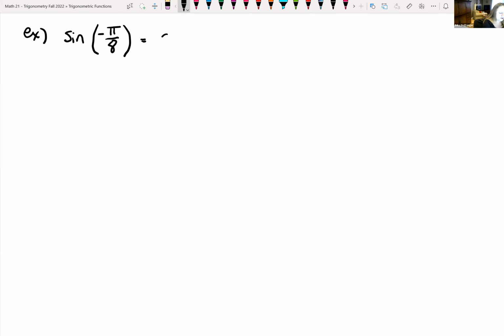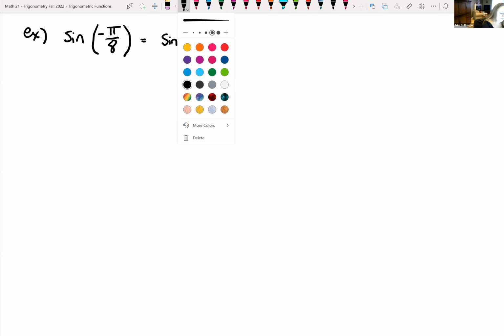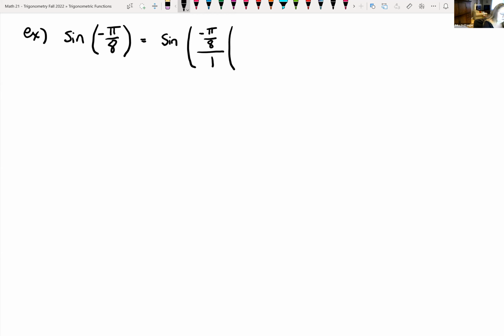We want to multiply this again by a fancy one to make this a half angle. So I have negative pi over 8, all over 1, and I'm going to multiply this by 2 over 2.